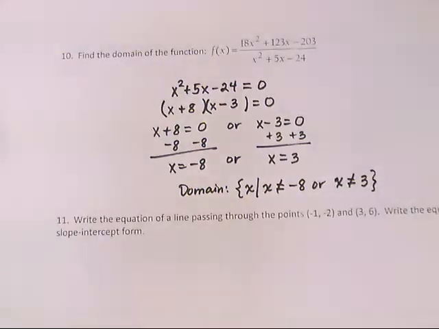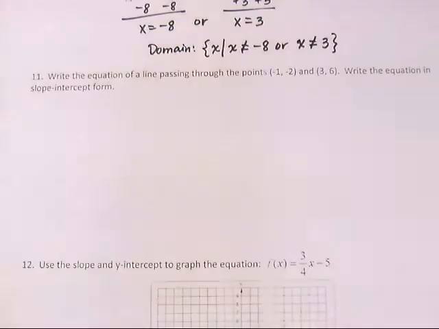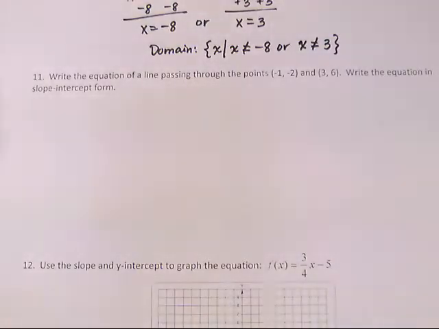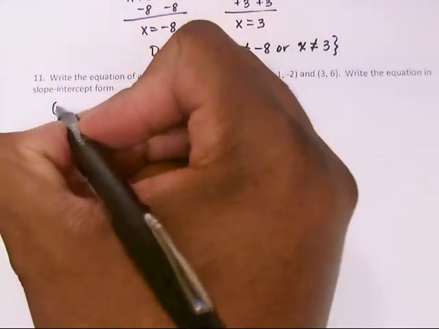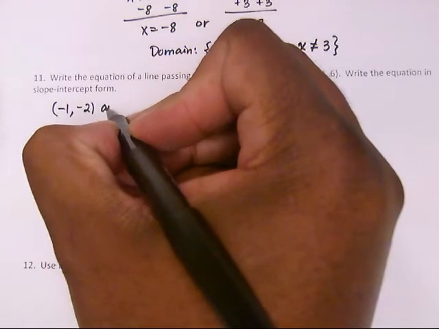Alright, number 11 is to write an equation of the line passing through the points (-1, -2) and (3, 6). And you're going to write the equation in slope-intercept form. So here I got (-1, -2) and (3, 6).